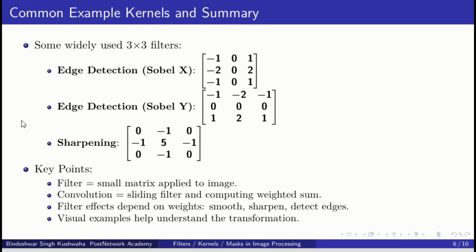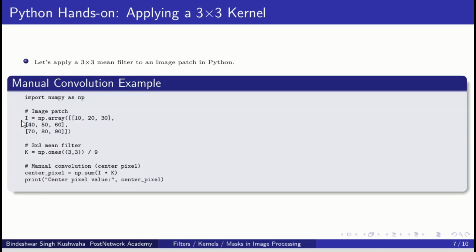Visual examples help understand the transformation, and here we will use Python code. I have not used a library. So import NumPy as np, and this is the image patch. Thereafter the 3x3 mean filter: np.ones 3x3 matrix divided by 9. Now the center pixel is np.sum.